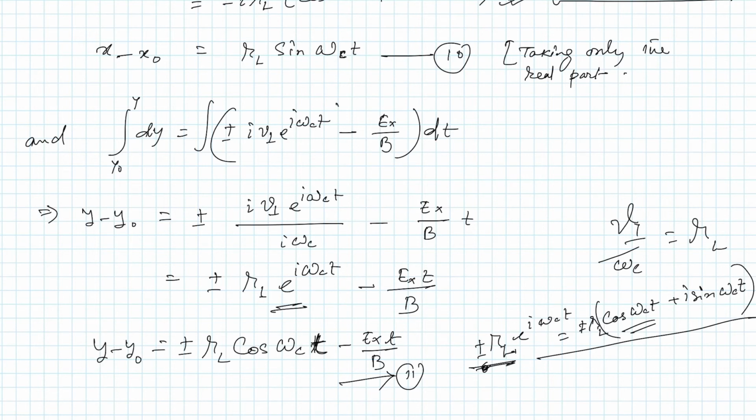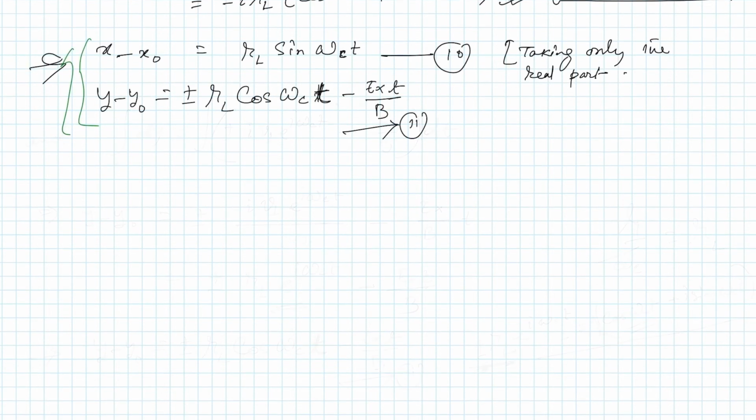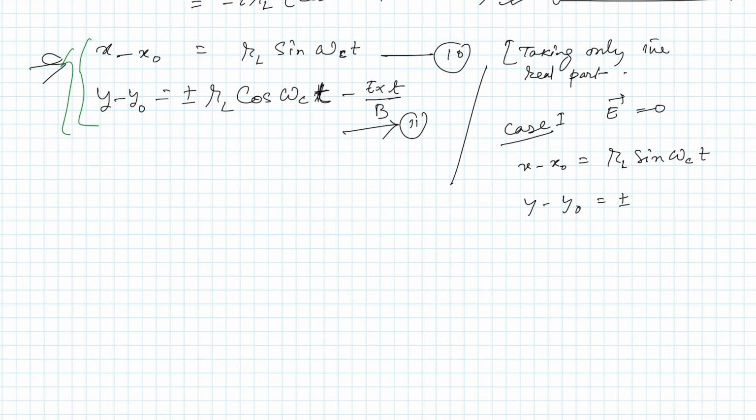So let me keep these two equations only. In case 1, when the electric field was not applied, we had got x minus x naught equal to RL sin omega c t, and y minus y naught we had got plus minus RL cos omega c t.